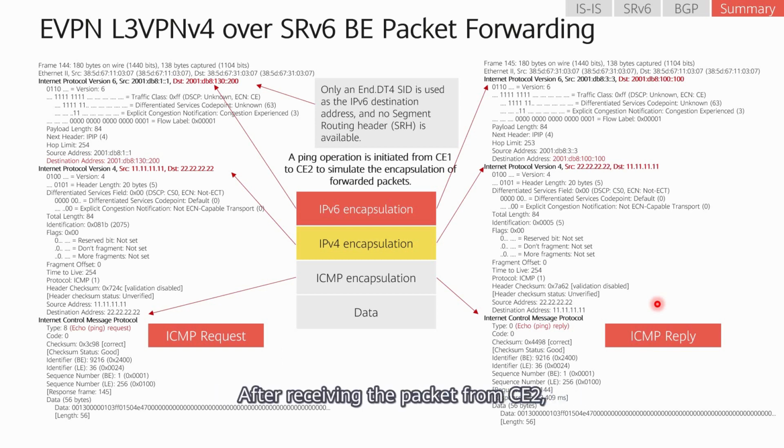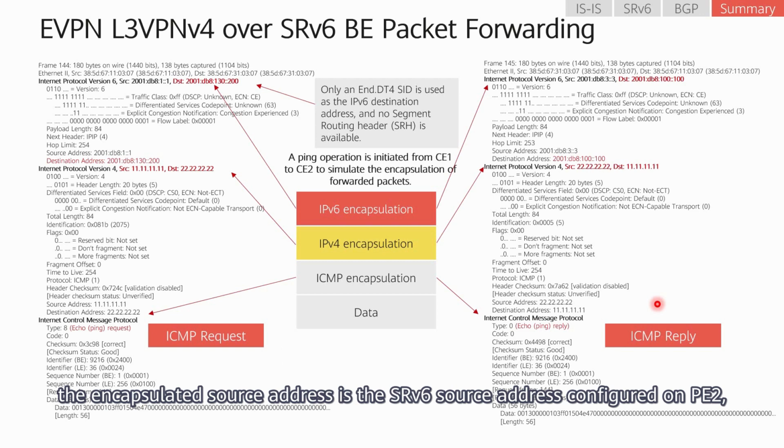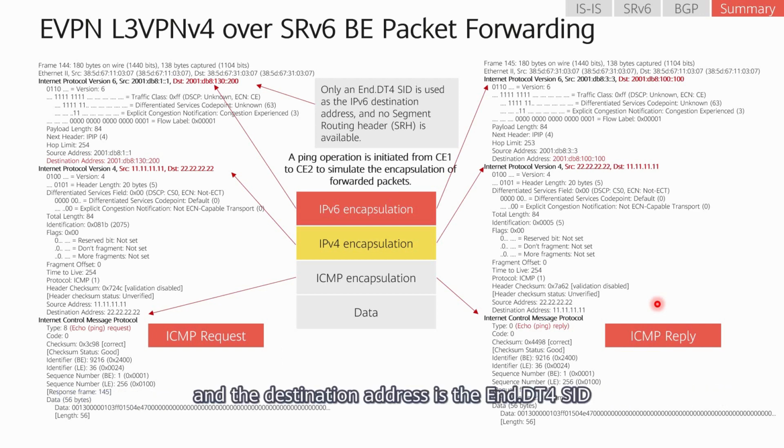After receiving the packet from C2, P2 performs SRv6 encapsulation. For this packet, the encapsulated source address is the SRv6 source address configured on P2, and the destination address is the End.DT4 SID carried by the corresponding route. That's all about the encapsulation of packets in an EVPN L3VPNv4 over SRv6 BE scenario.